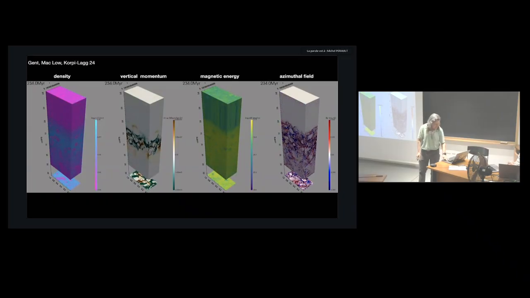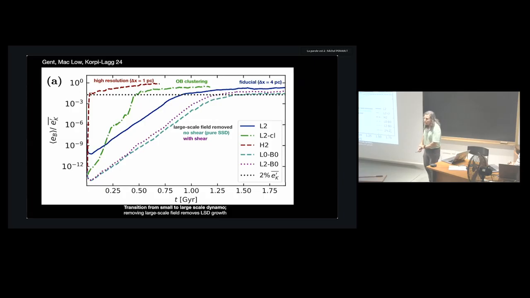So now we have stratified shearing supernova-driven compressible turbulence. This all has cooling so that we maintain a three-phase medium. And what we found is if we remove the large-scale field, we still get the small-scale dynamo. Note that we just started at lower initial field, but otherwise it matches this slope.